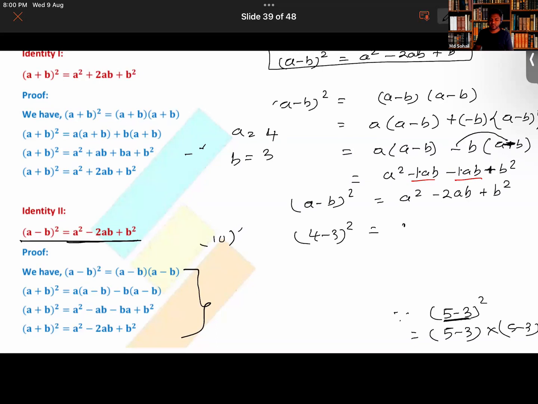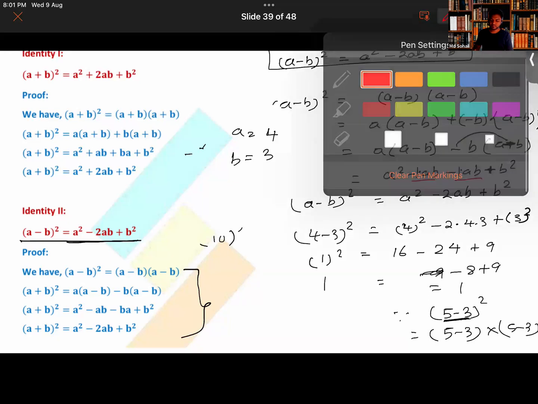Here it's going to be 4 square minus 2 into 4 into 3 plus 3 square, isn't it? That is 16 minus 24 plus 9, so 16 minus 24 is minus 8, plus 9. That is 1 now. And 4 minus 3 is 1, that is 1 square. It is the same as 1.